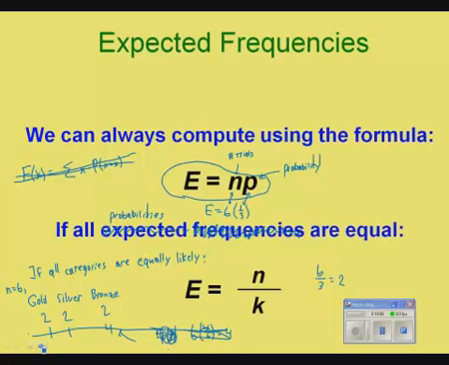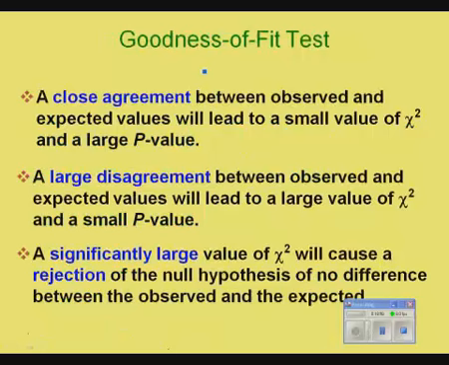Okay. Let's go away from that. This slide states some things that I think will make sense to you. I don't think it's worth writing down, but I left the slide in because it's worth talking about. When we say a close agreement between observed and expected, what I mean is O minus E is small.